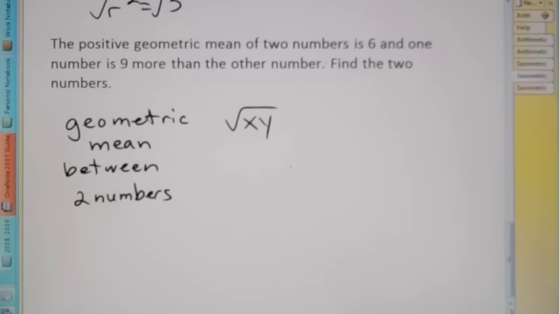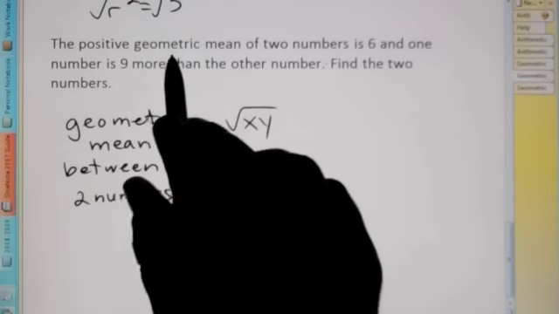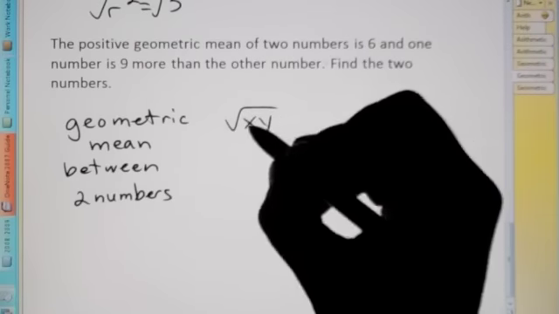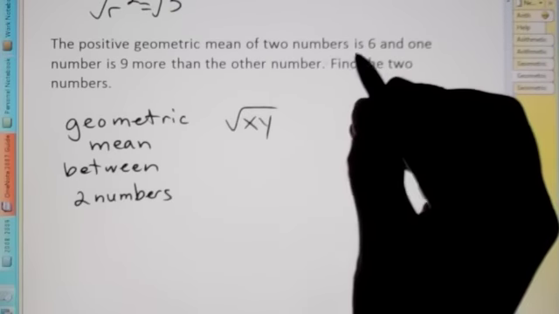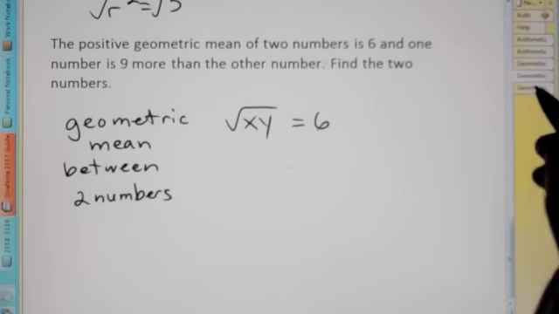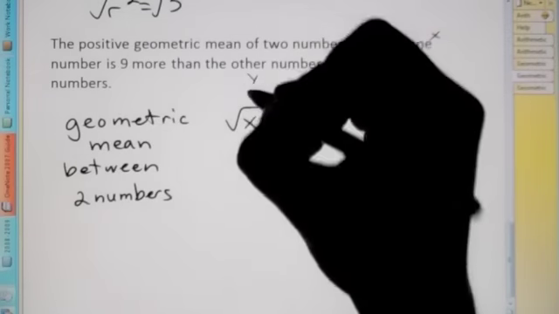First of all, it says the positive geometric mean of two numbers is 6. So since this is the geometric mean, this is what you're going to be using, it equals 6. One number, let's call that x. The other, let's call that y.